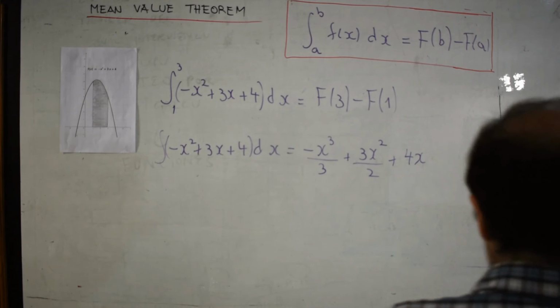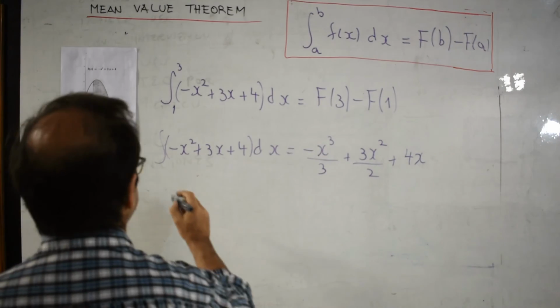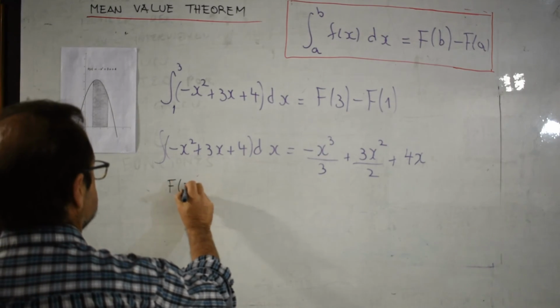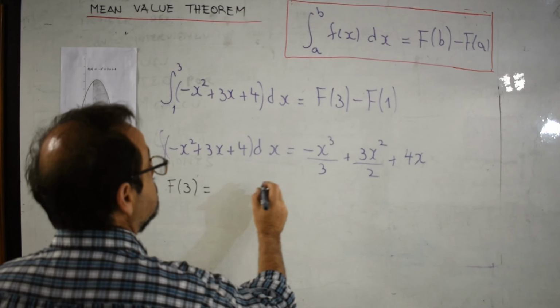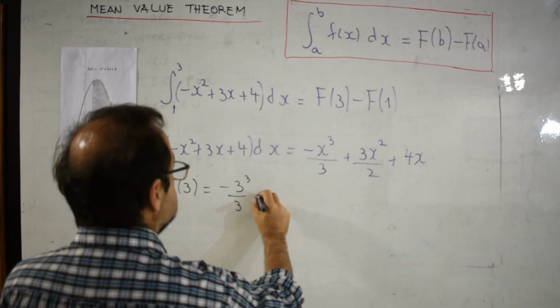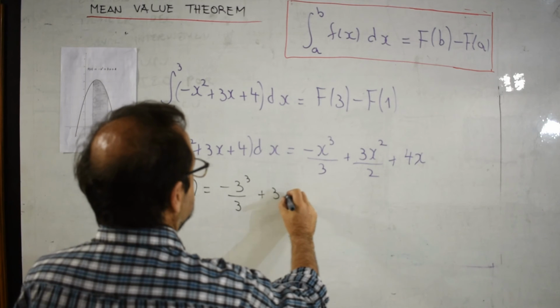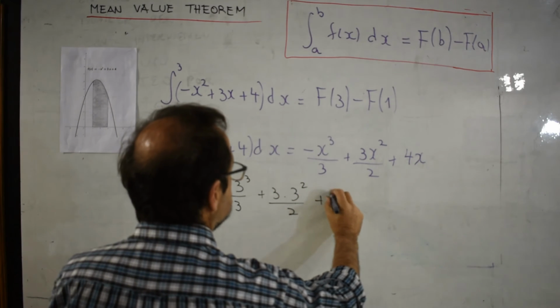To verify, if you take the derivative, you get the original function. And so that value we have to evaluate in between 3 and 1. That is, f of 3 is, we plug in the 3: minus 3 cubed divided by 3 plus 3 squared divided by 2 plus 4 times 3.